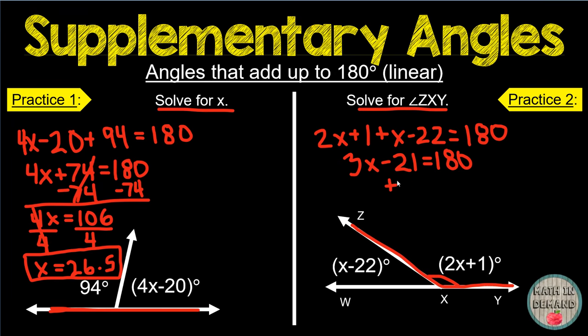I will add 21 on both sides. So plus 21, plus 21. These will cancel. 3x I will bring down. Okay, on here, I know 0 plus 1 will give me 1. 8 plus 2 will give me 10. And then I will add another 1 since that's 10, and this will become 201. Okay, I will divide both sides by 3.